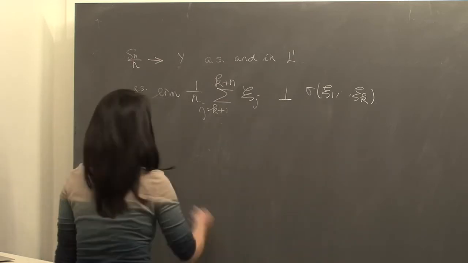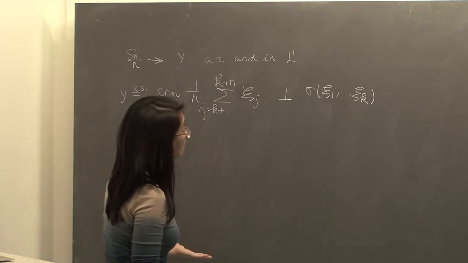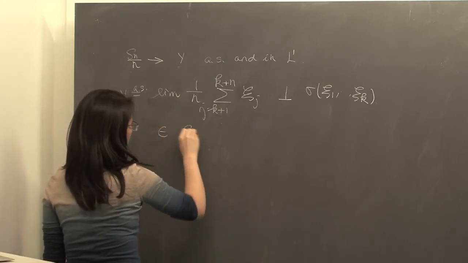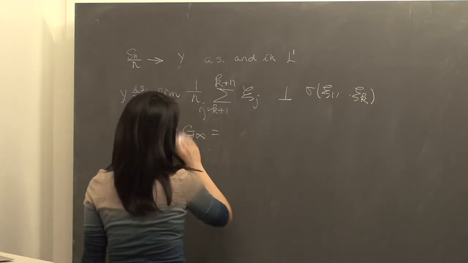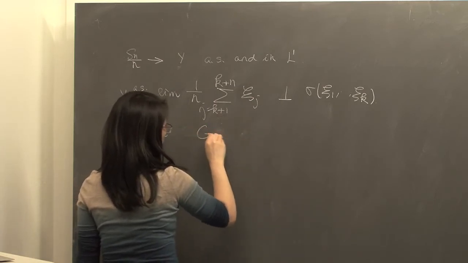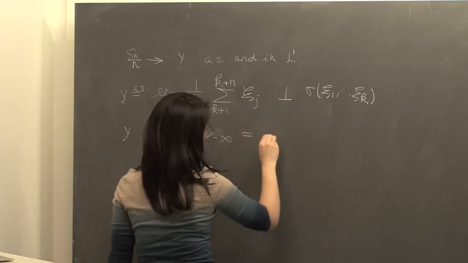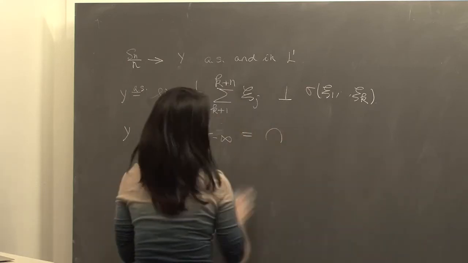And as k goes to infinity, we know that this y has nothing to do with all the finite information. So y is contained in the tail sigma algebra, G minus infinity, if I use the same notation there. Maybe I should change it to another notation.